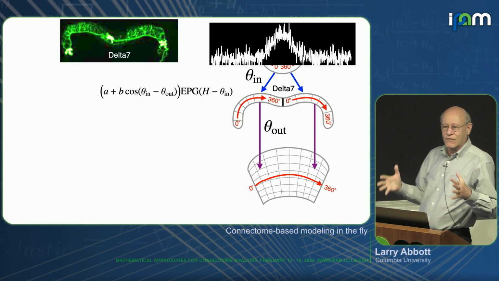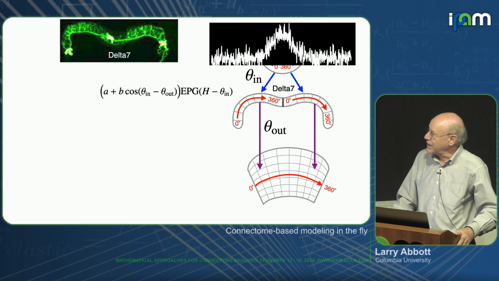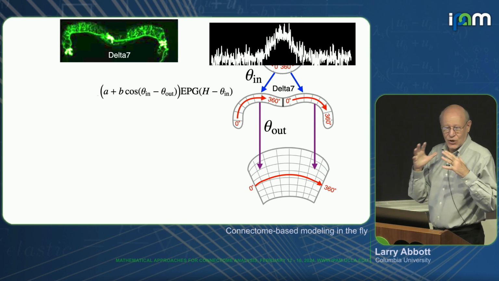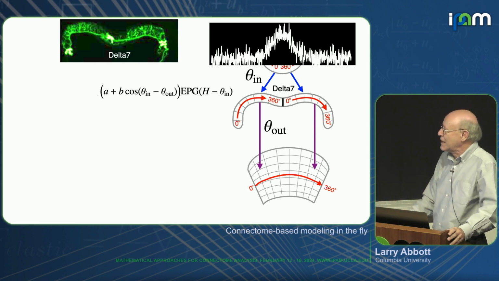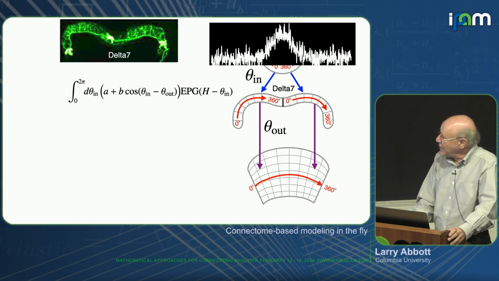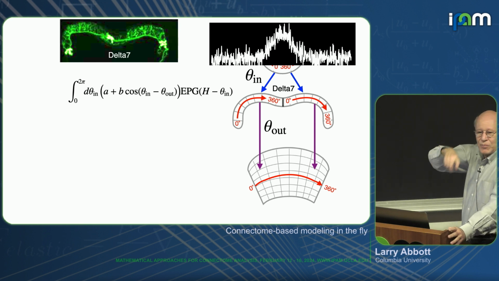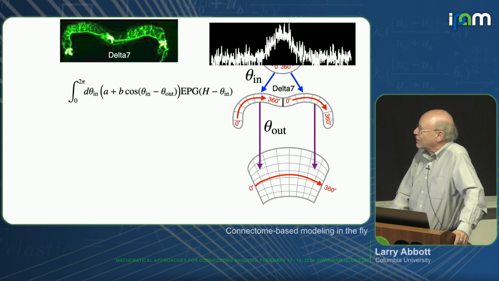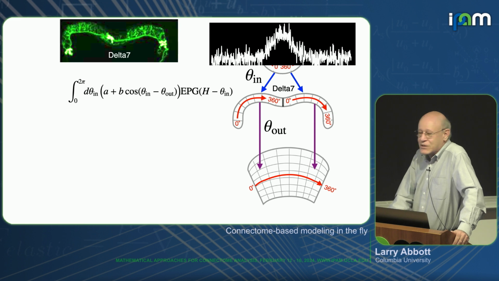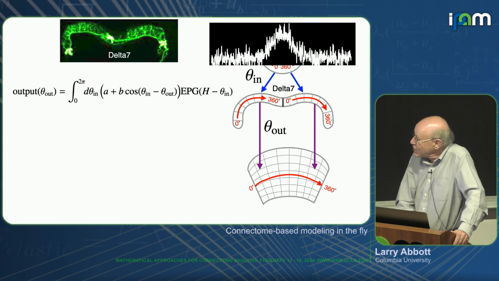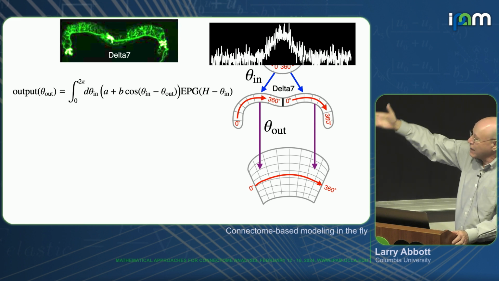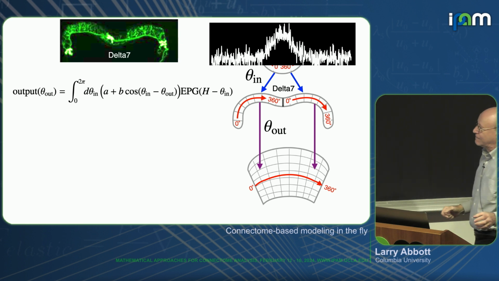This is like a set of convolutional filters, and they're not just any old convolutional filters, they're cosine convolutional filters. So you pass it through that, and then you integrate over the whole ellipsoid body ring, over the whole circle, because those are all the possible inputs that can come in. And that'll give you the output at a certain angle that comes out of this delta 7.